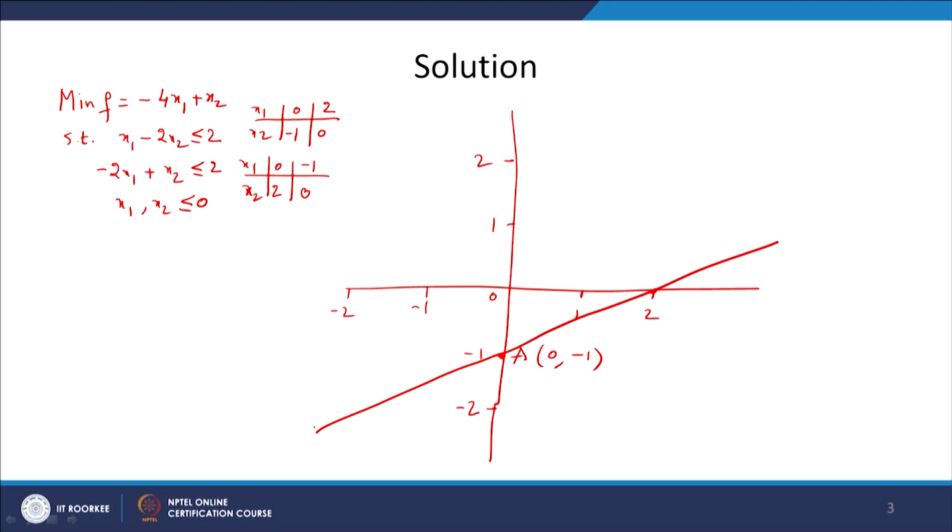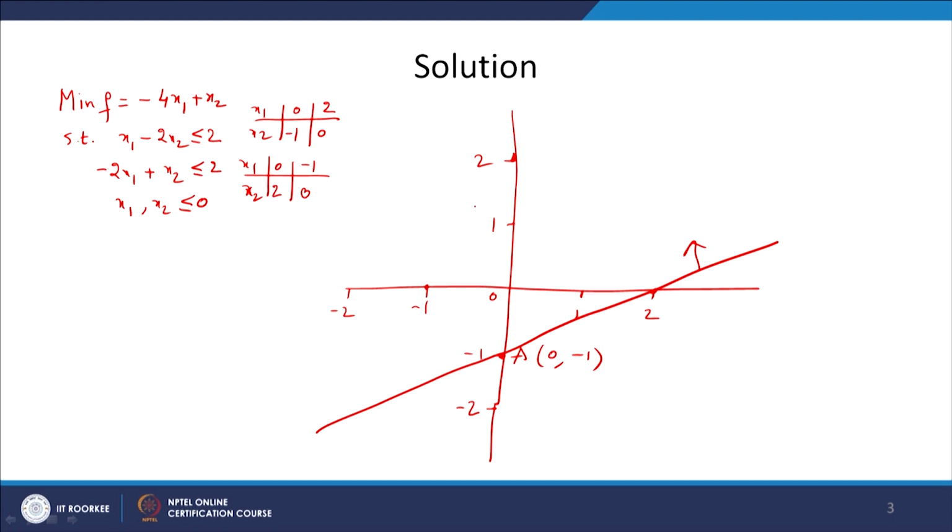In order to see which side of the line is the feasible region, we substitute the origin, and we find that the feasible region is above the line. Also, the second line has to be plotted using 0 comma 2 and minus 1 comma 0.